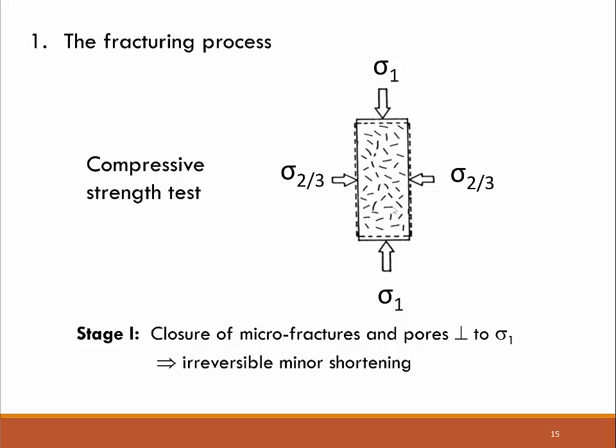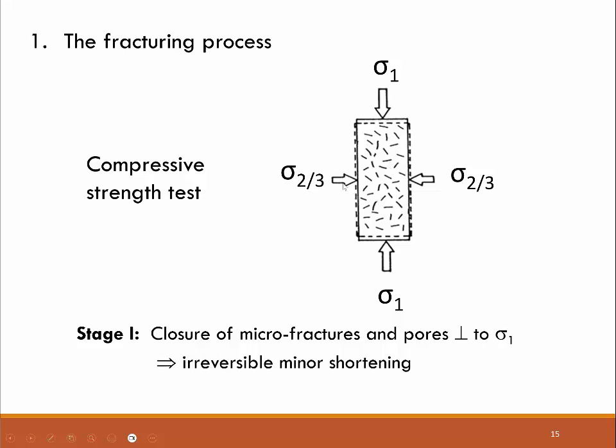All side compressive stresses are much more realistic for geological purposes because as soon as you go away from the Earth's surface, all stresses will be compressive. There are factually no tensile stresses deeper in the Earth's crust, and that means for our interest as geologists, compressive strength tests are much more important than tensile strength tests.